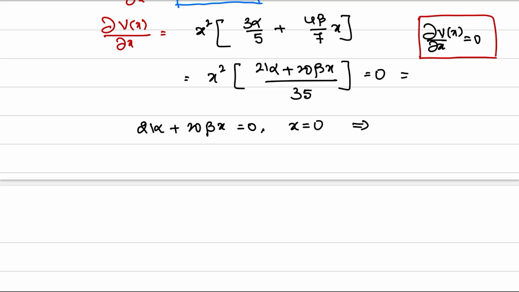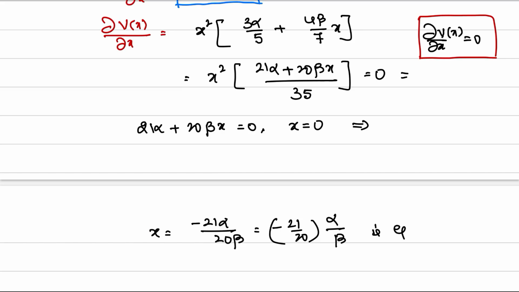That implies x is equal to minus 21 alpha by 20 beta, that is minus 21 by 20 into alpha by beta, is the equilibrium position.